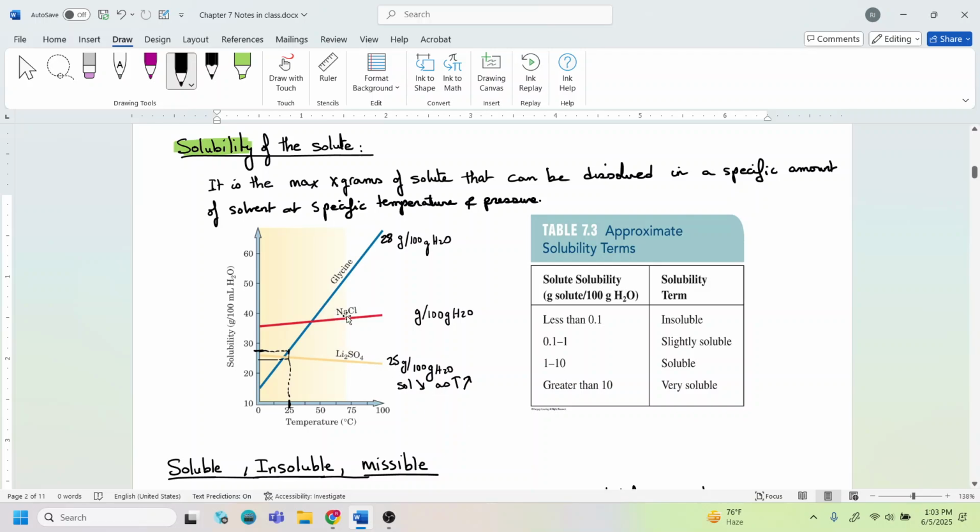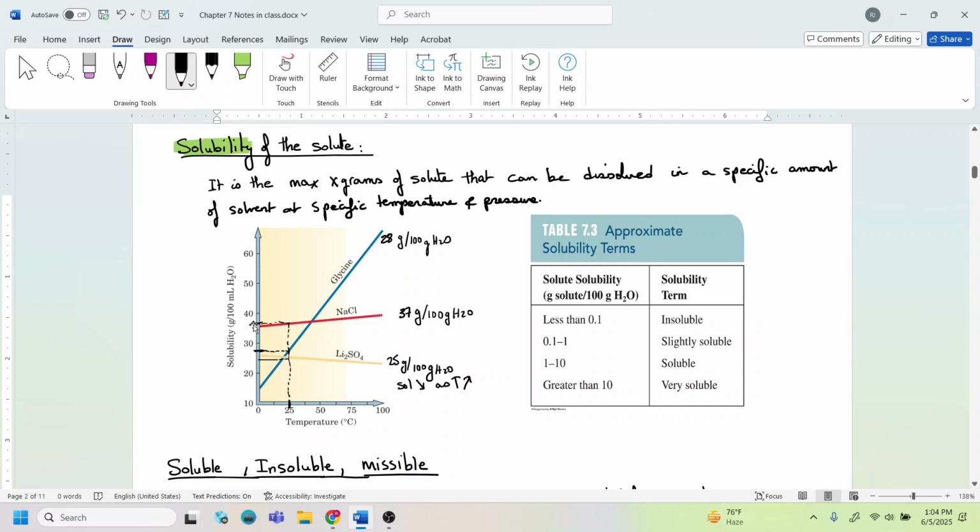For the sodium chloride, let's extrapolate over here. That is around maybe 37 grams per 100 grams of water. So if I want the sodium chloride to dissolve in water at room temperature, I have to add a maximum amount of 37 grams.